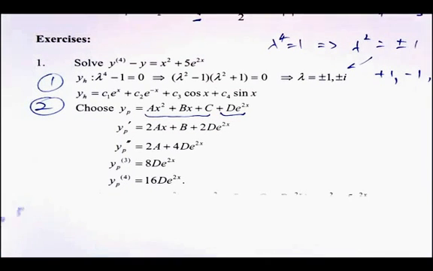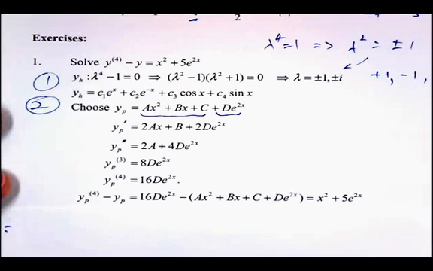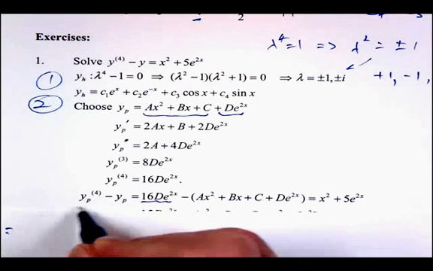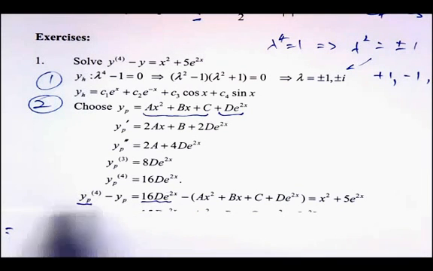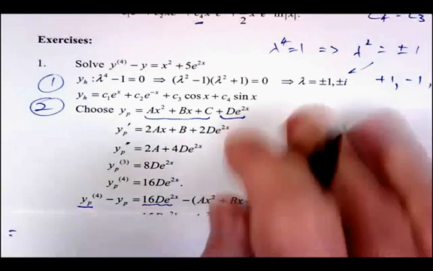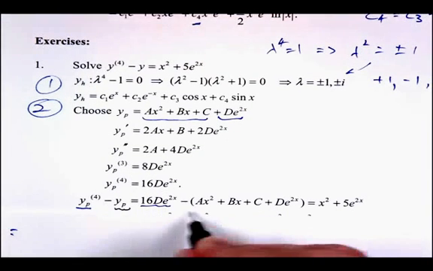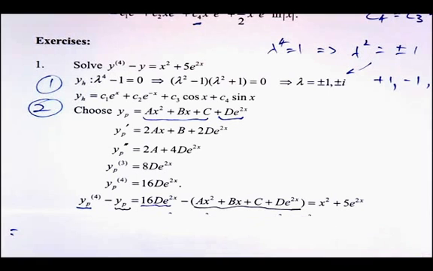And so then it's a matter of substituting it in. So that first part is the particular solution. And then we subtract the fourth derivative of the particular solution, and then we're subtracting off the particular solution, and all of that is supposed to be equal to x squared plus 5e to the 2x.